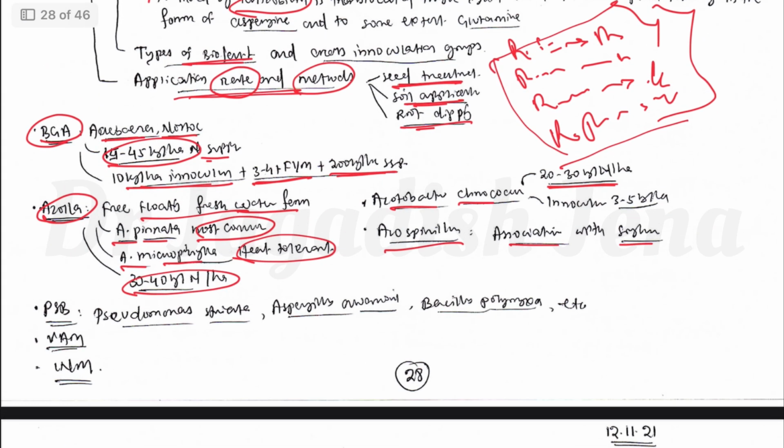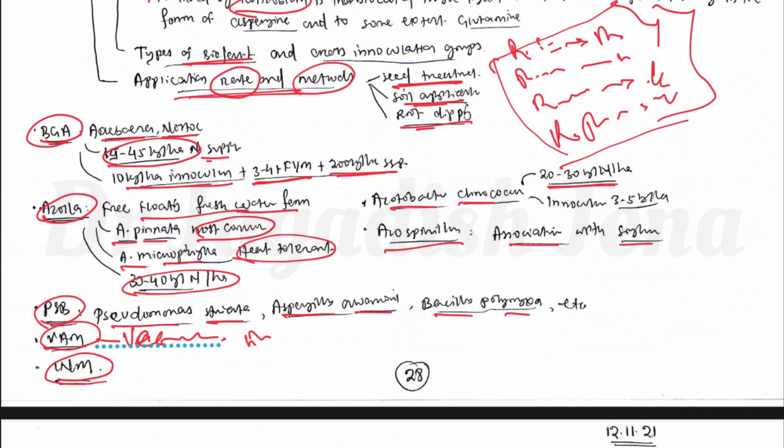Then PSB, I have already mentioned: Pseudomonas striata, Aspergillus awamori, Bacillus polymyxa, etc. Then VAM, what is VAM? That is vesicular arbuscular mycorrhiza. It is nothing but the symbiotic association between a fungus and the root of a higher plant. Basically, it helps in nutrient absorption and translocation of immobile nutrients in the soil.